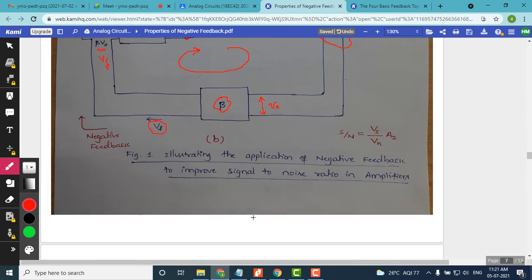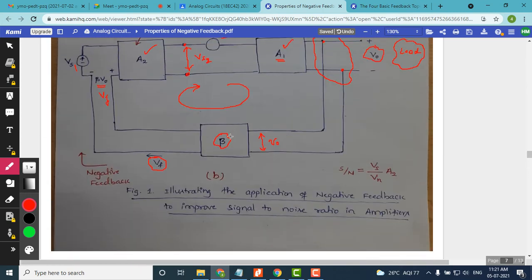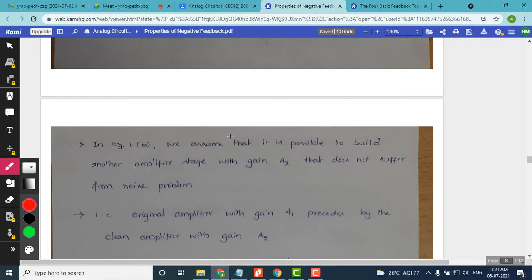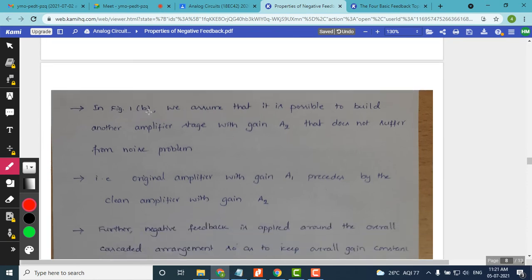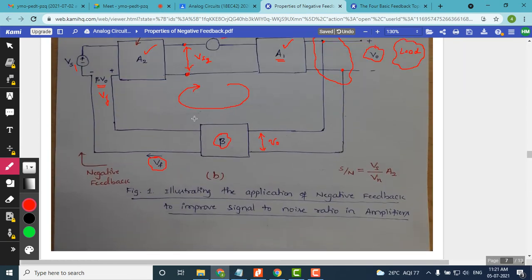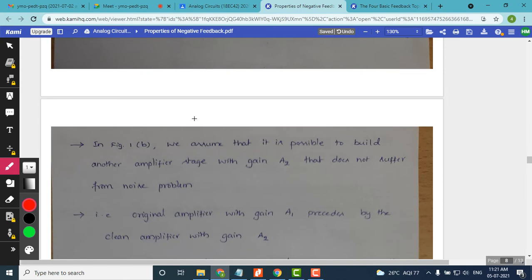Then with that, we will move to the mathematical aspect of this block diagram. In figure 1b, I am referring to the second block diagram here, we assume that it is possible to build another amplifier stage with gain A2. A2 is nothing but a clean amplifier that does not suffer from any noise problem.